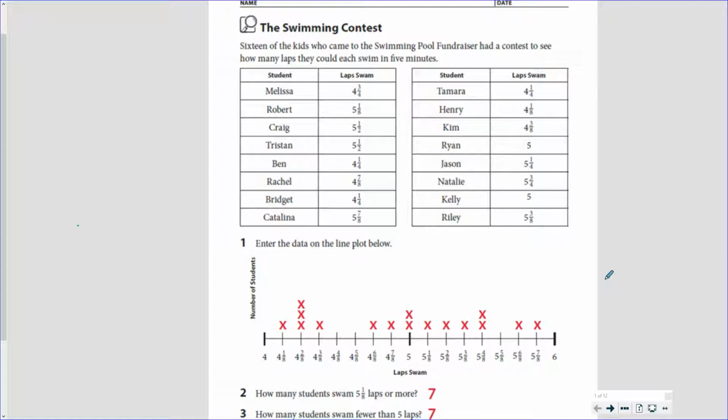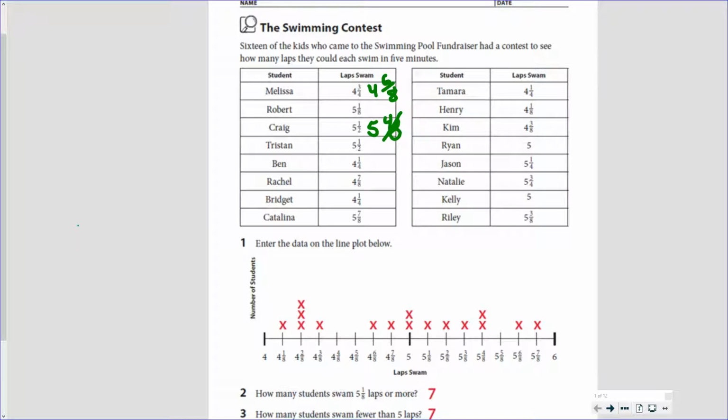So what we really want to do is convert that 4 3/4 into 4 6/8. And I apologize, I thought that I had made that line a little bit thinner. But when you do that for each of these, turn these into eighths. If you look at Craig, he has 5 1/2 laps. You could turn that into 5 4/8.